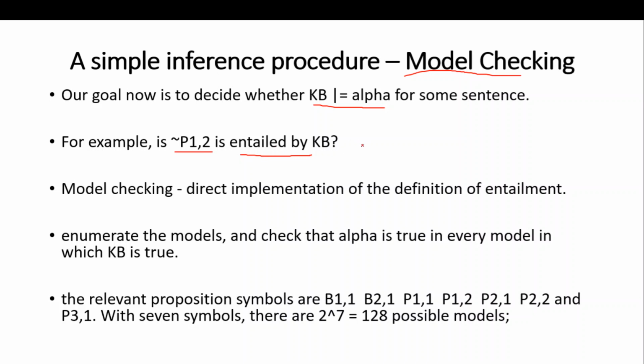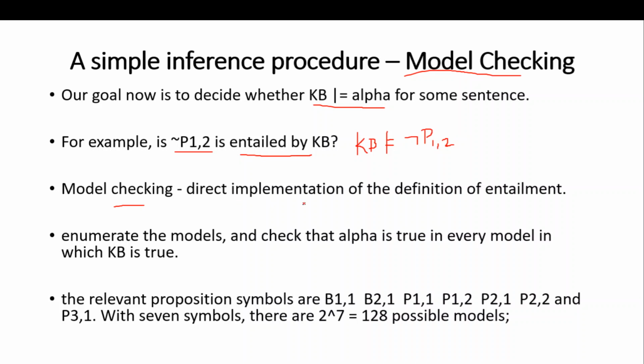Entailed by basically means, does KB entail not P1,2? Not P1,2 represents that there is no pit in 1,2. Now how to infer this using model checking, that's what we are going to understand.